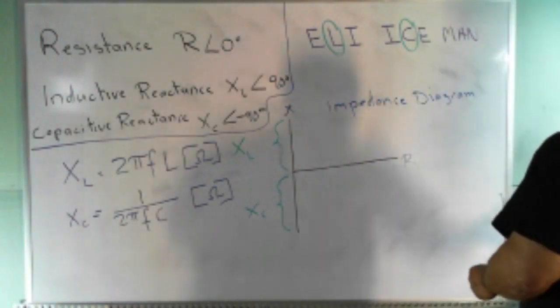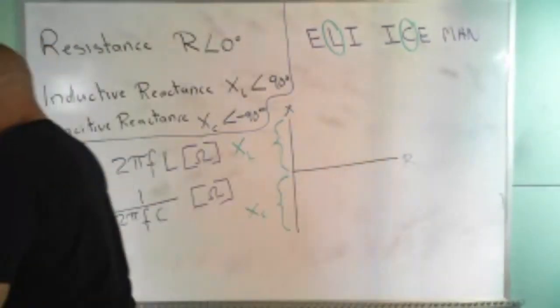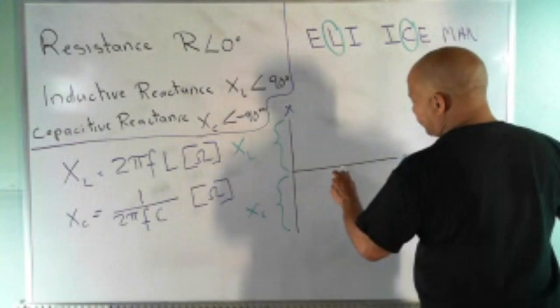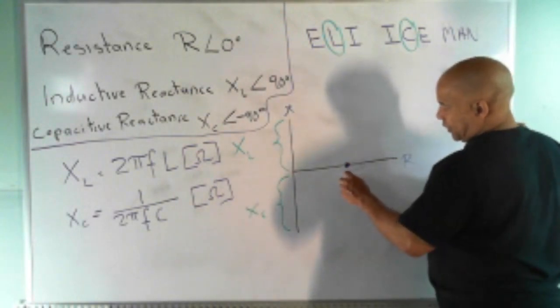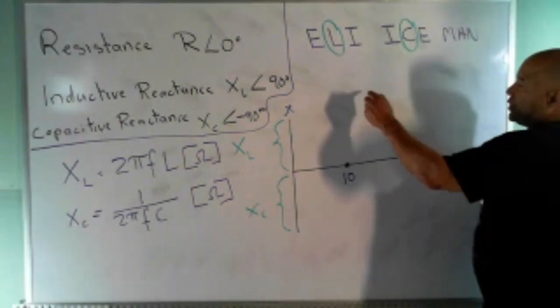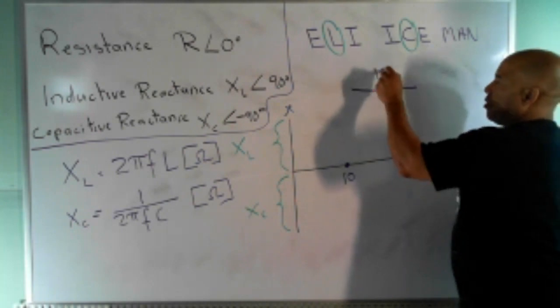If I have a value right here, say I have a value right here. Let's just say 10. That would be 10 ohms. That means I have a resistor that's 10 ohms.